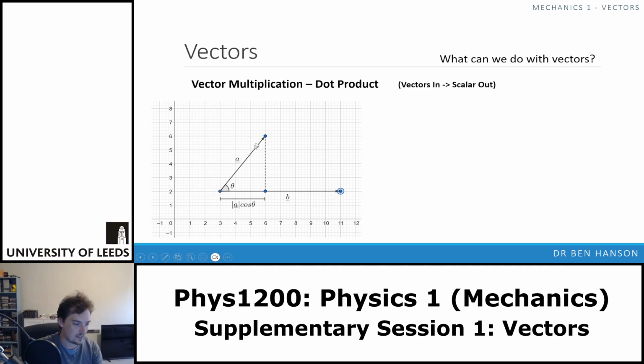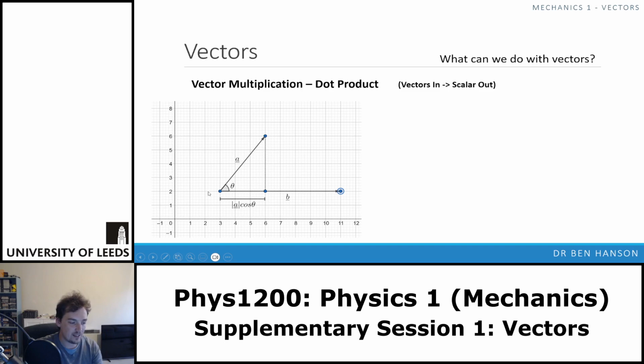If I've got a vector A and a vector B, and I want to do the dot product, A dot B, multiplying these two vectors together and getting a scalar value out, I want to get the amount of A in the direction of B and then multiply the length of A by the length of B. So I'm getting as much of A as is in that direction and then multiplying it by the length of B. It's almost like collapsing the vector A onto a number line and then multiplying the lengths together.